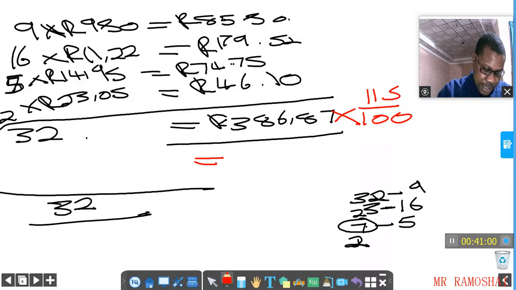equals 386.87 multiplied by 115 over 100, which equals... Let me calculate again. Let me add 85.5 plus 179.52 plus 74.75 plus 46.10.